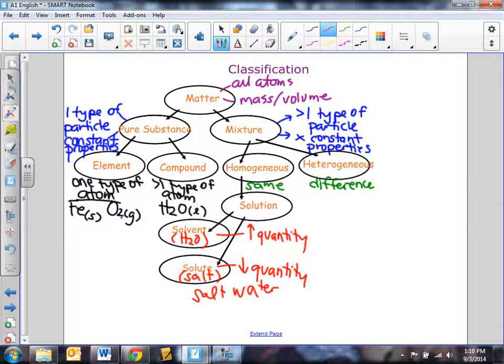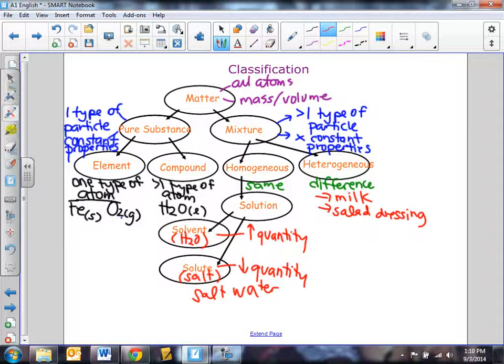Now, a heterogeneous mixture can be a number of things, with examples like milk and salad dressing. Now you might say to yourself, oh no, when I look at milk, it just looks like milk. I can't see that there's more than one part.